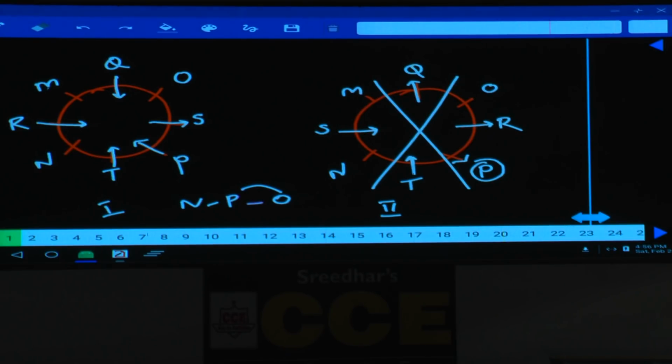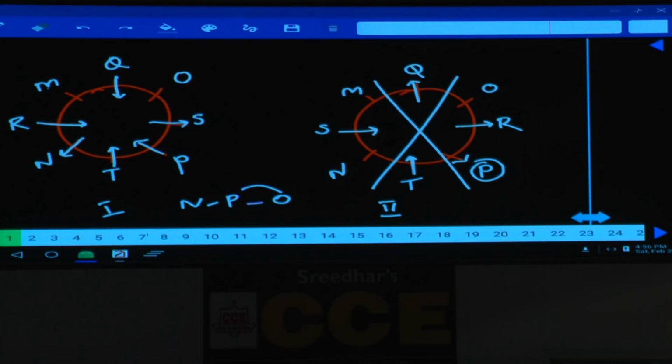N sits second to the left of P. P is not an immediate neighbor of Q. One person between P and O. O is not an immediate neighbor of T. Immediate neighbors of T face opposite directions. P and N face opposite directions: P is facing the center, N is away from the center.